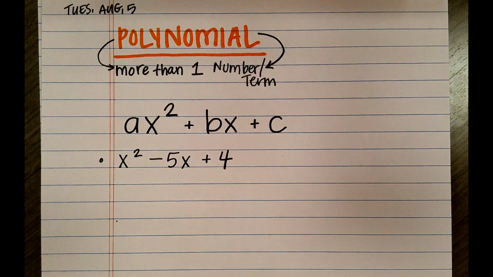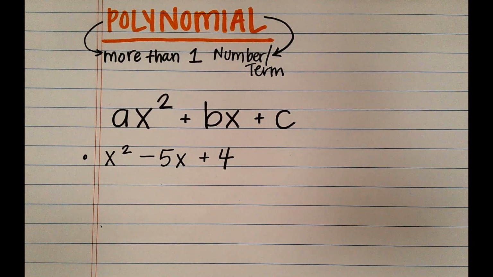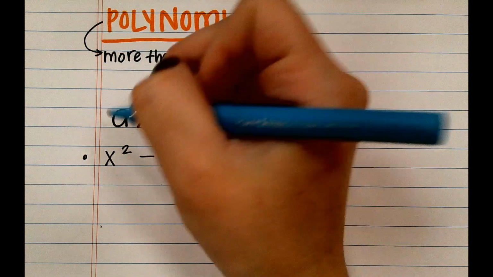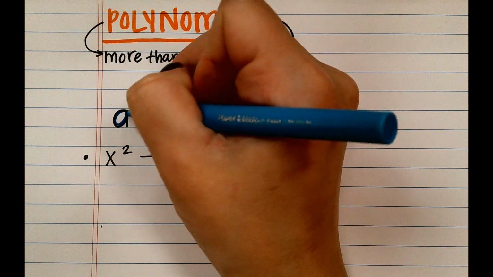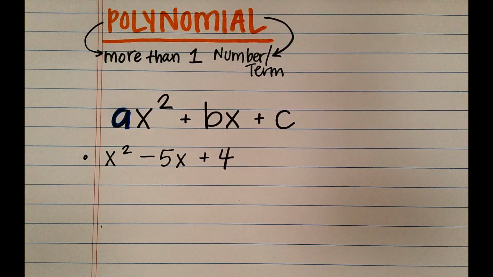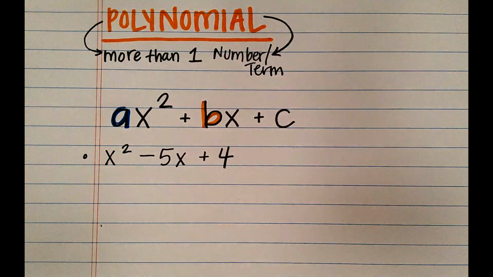Okay. So, I'm going to make my A, B, and C a different color just so it'll help me recognize. So I'll make A blue. I'll make B orange. And then I'll make C green.